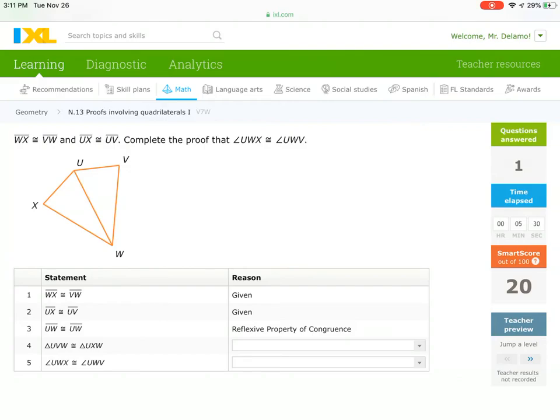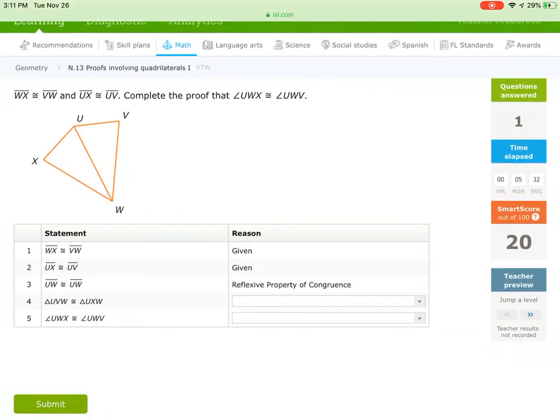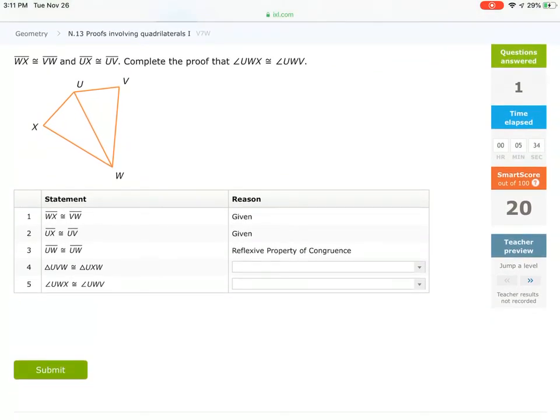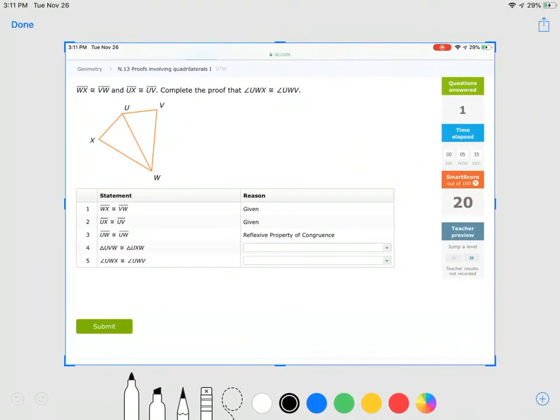Okay. Next one. The next one says, assume WX is congruent to VW. And that UX is congruent to UV. So this is congruent to this. Oh, so this is a kite.